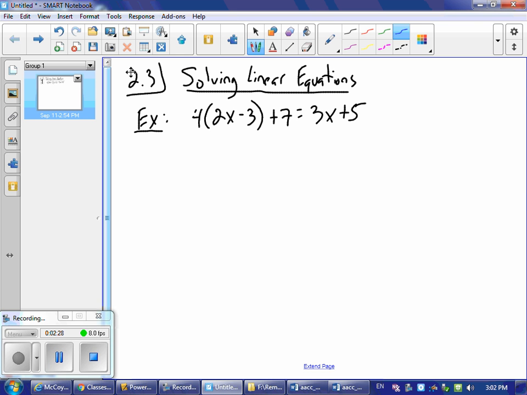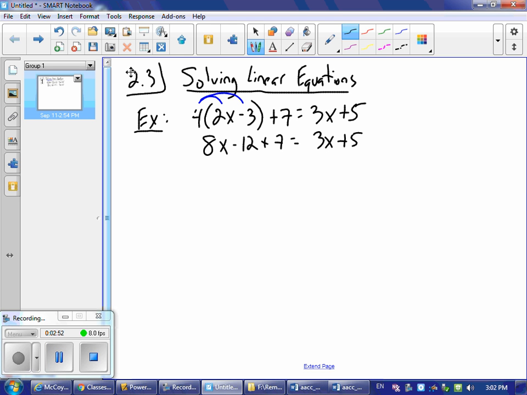So let's distribute the 4 into the 2x and the negative 3. We're going to get rid of those grouping symbols. So 4 times 2x is 8x, 4 times negative 3 is minus 12, and then plus 7 equals 3x plus 5. Combine like terms. Whatever like terms we can combine, we're going to do that.